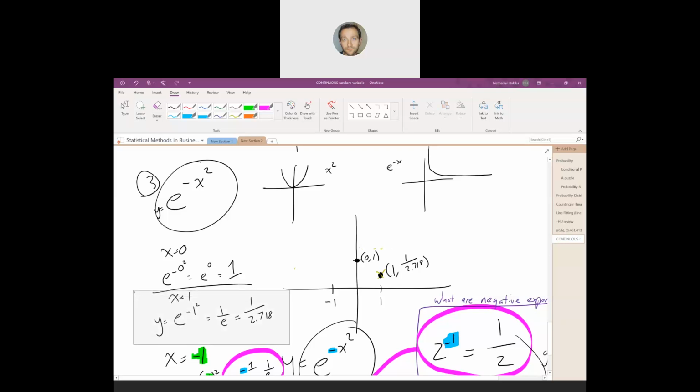Because we're thinking about e to the minus x squared, we just replace x with the number 1. 1 squared is equal to 1. e to the minus 1 is 1 over e. And then we just replace e. So that's about 1/2. We don't care about the exact thing, just roughly. That's how we got these 2 points.